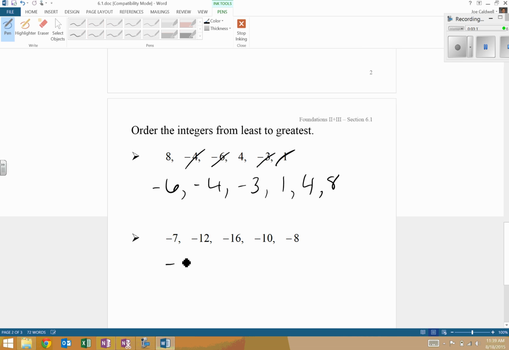Biggest negative number is negative 16, thus it's the smallest. And working our way up, closer to 0, which means the numbers are getting bigger. And there we go. So that's all there is to looking at the order of negative numbers.